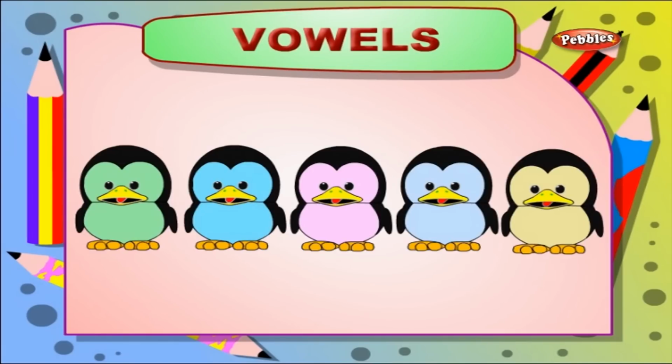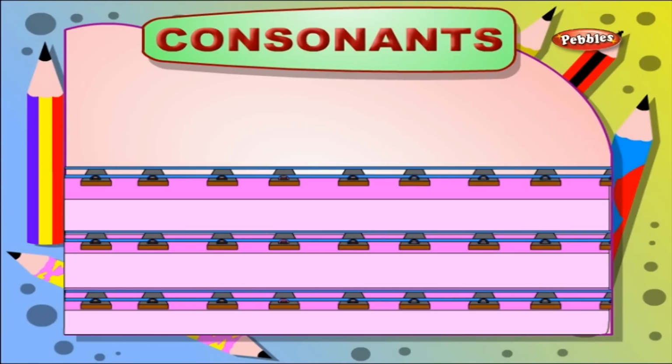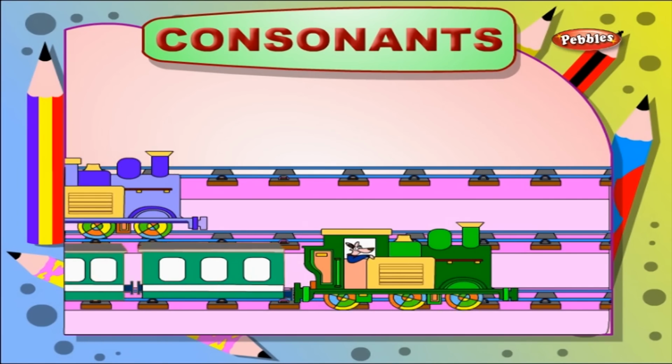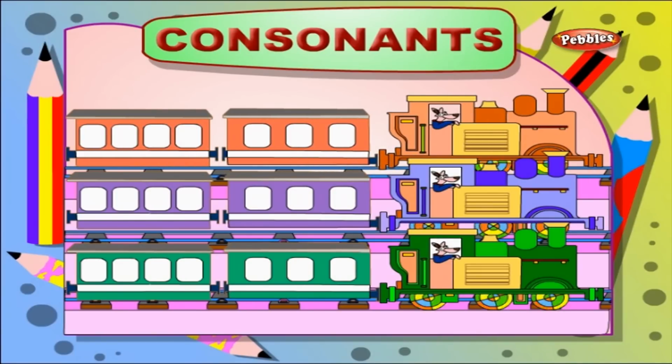Vowels. There are 5 vowels: A, E, I, O, U. Consonants. All the other alphabets other than the vowels are consonants.